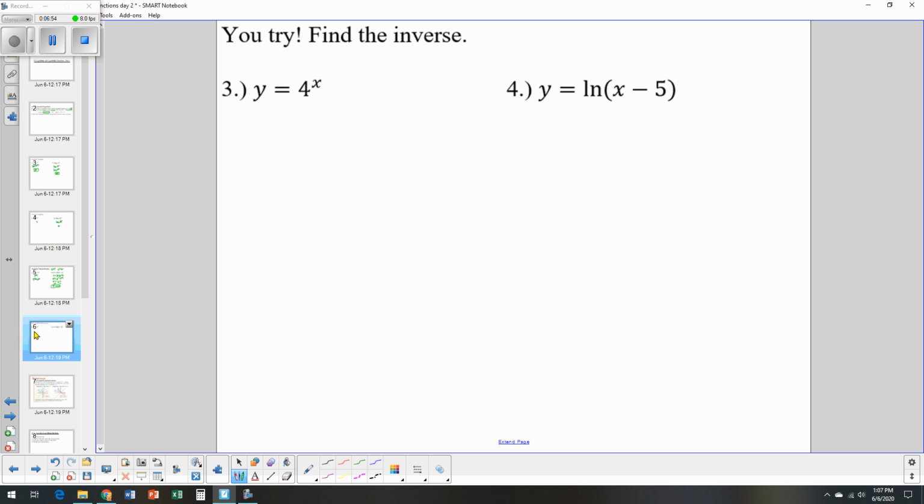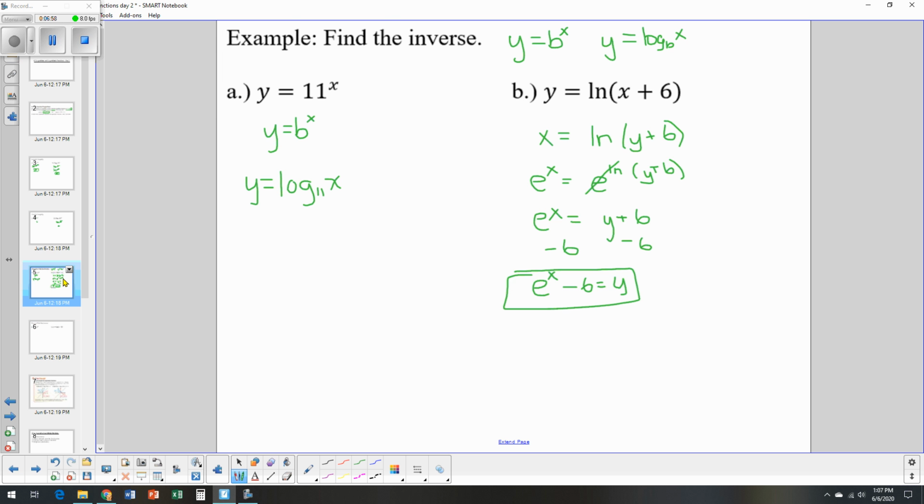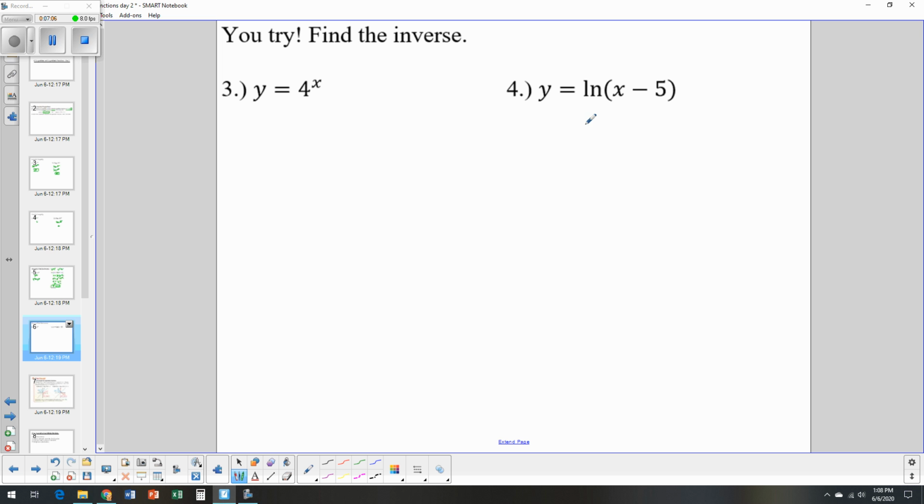So I want you to try the next two. For the first one, it's going to be just like the first example here. It's already in the correct form. Use the fact that we know this to find it. The second one is going to be like the b we just did. It's a natural log, so you're going to have to raise it with e as a base.